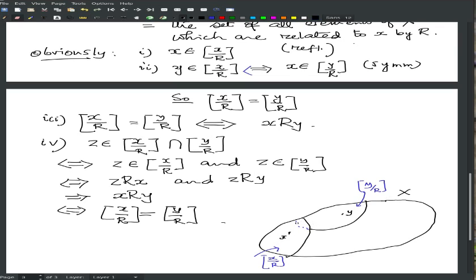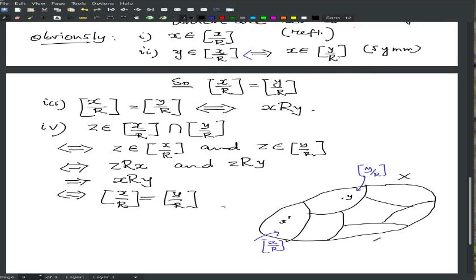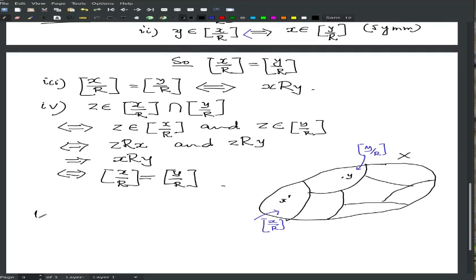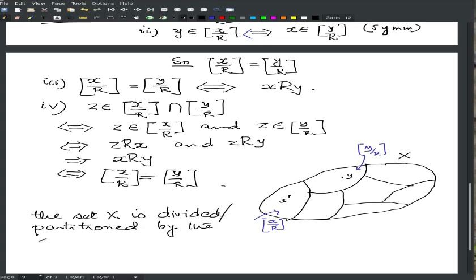So what it is saying is you have these subsets which is kind of partitioning, it's dividing your whole set X. So the set X is divided, or let's say partitioned, by the equivalence classes.